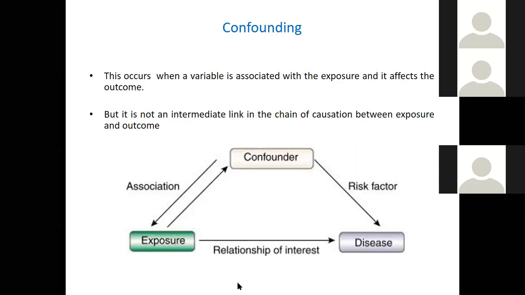The relationship between the exposure and the disease, that one horizontal, is what you're interested in. But there's a confounder at the top, which is associated with the exposure in the sense that they are related. If you look at the arrow, between the confounder and the exposure there is a two-way arrow. It's not as if one leads to the other, but they are just associated. Somehow, they have something in common. Not that one is causing the other. No.